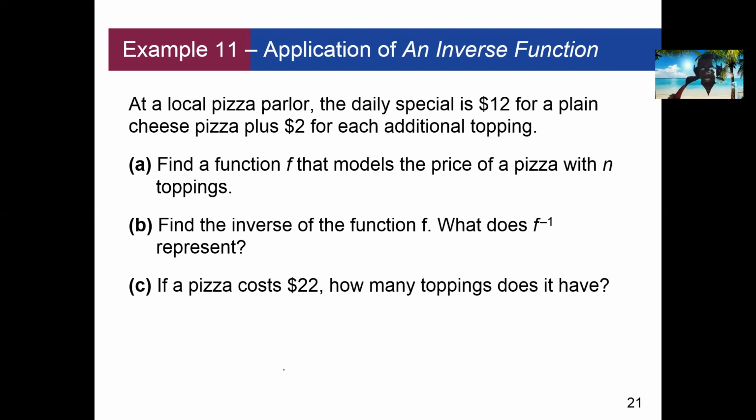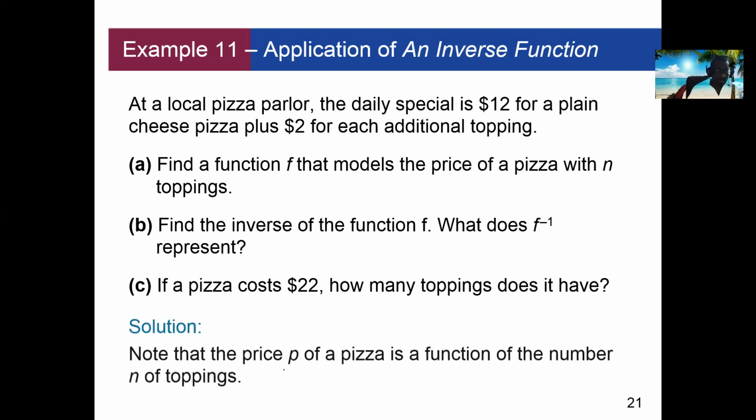But if you want additional, they add $2. A, find a function F that models the price of the pizza with n toppings. B, find the inverse of the function F. Again, what does the inverse function represent? And C, if the pizza costs $22, how many toppings does it have?